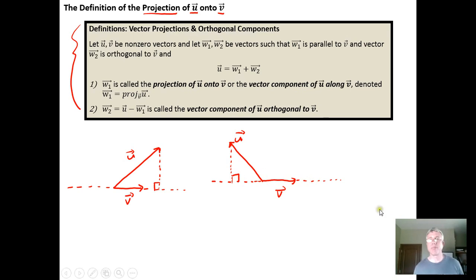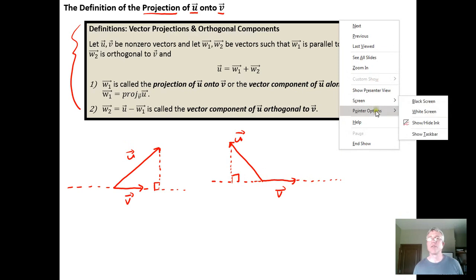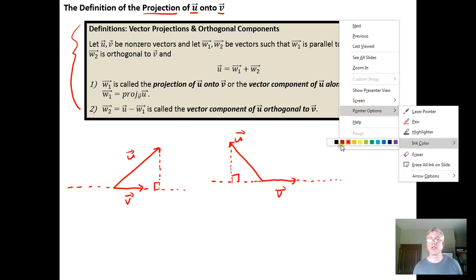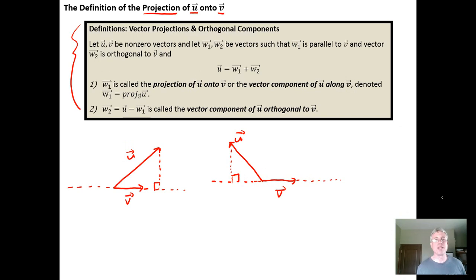So let me swap out my pen color. Let's go over to black. It decomposes it into two vectors. I can start here at the tail of u, the initial point of u, and draw the vector parallel to v, but that goes all the way out to the foot of the dropped perpendicular.